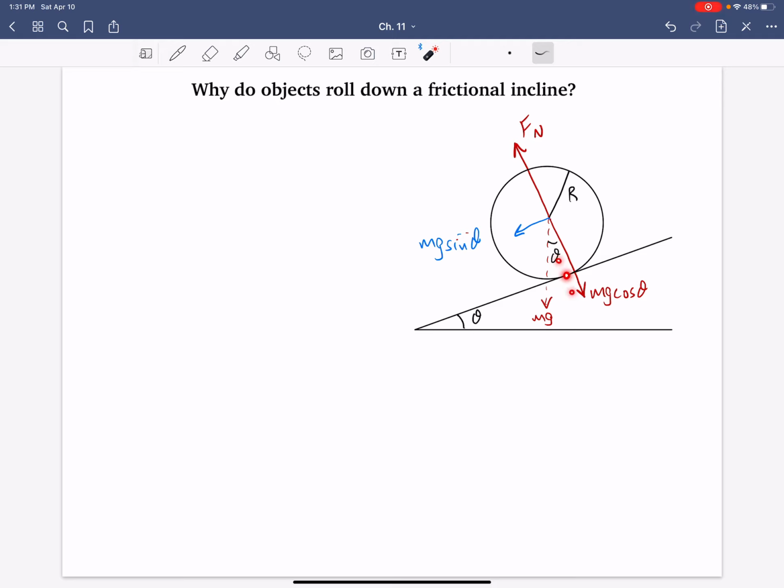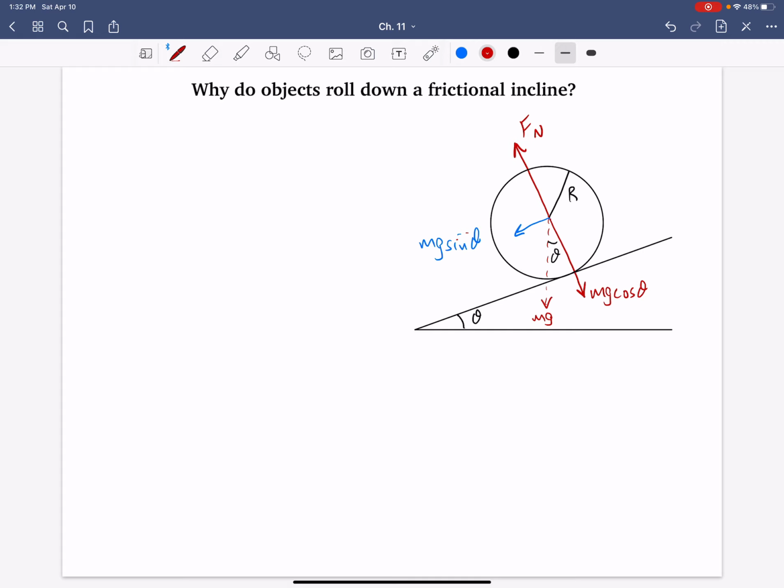So its instantaneous speed at this point is 0. The instantaneous speed of the ball's center of mass, we'll say, is v in that direction, and the instantaneous speed of the point on the ball directly opposite the point of contact has a magnitude of 2v. That's in the chapter.